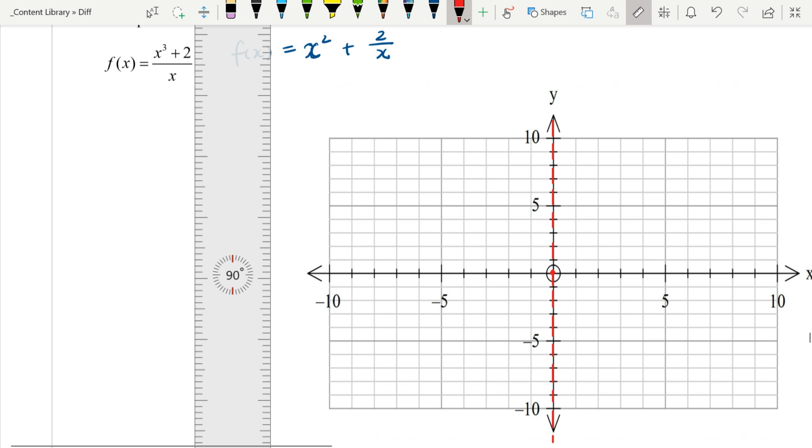So we have 1, 1, 2, 4, 3, 9. So that's the asymptote. Make sure you have dotted lines. Okay, that's the asymptotes. y equals x squared.